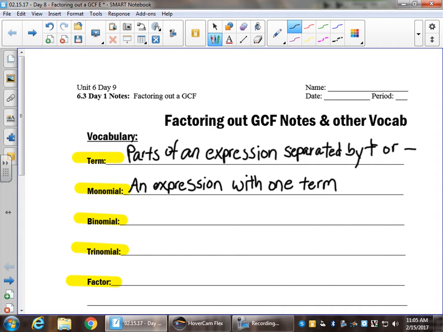What do you think a binomial is? An expression with 2 terms. What about a trinomial? 3 terms.